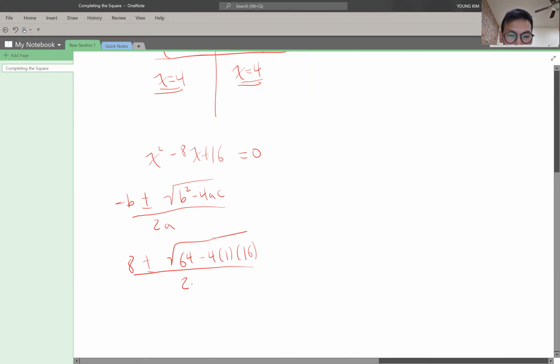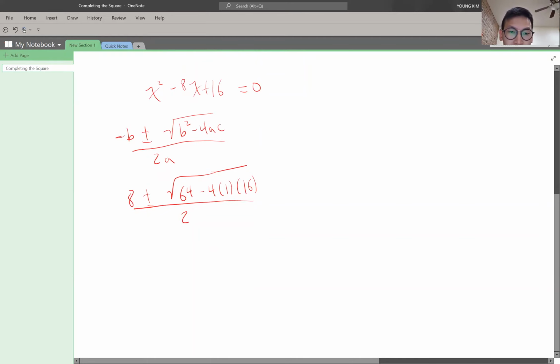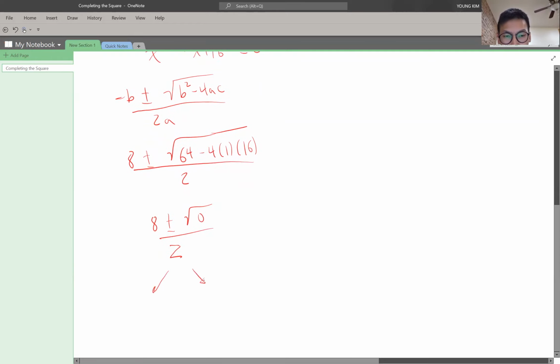And as you simplify, this is just going to be 8 plus or minus the square root of 0 over 2, and that will branch off into two separate roots, right? But because the discriminant is 0, you're just going to get 8 over 2 twice. In other words, x equals 4 again.